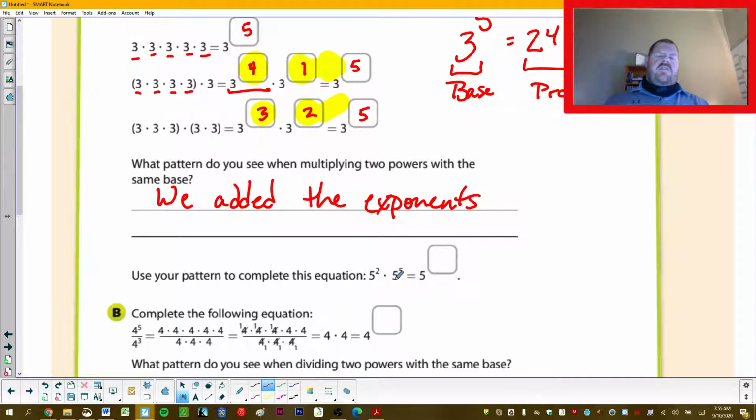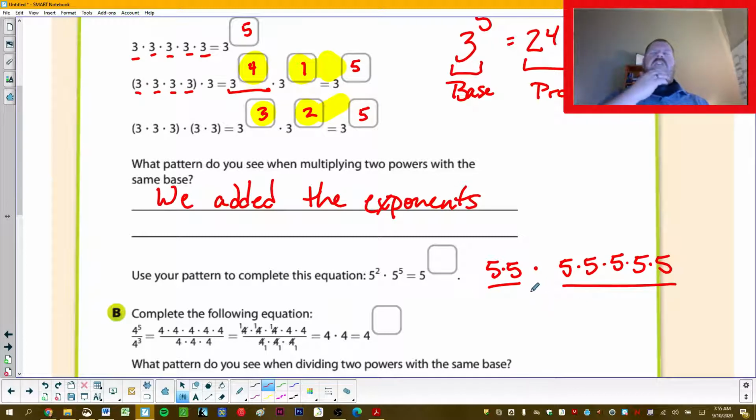5 to the 2nd times 5 to the 5th should be 5 to the... If you know it, go ahead and write it. If you don't, you can always split this up. I have my 5 to the 2nd times my 5 to the 5th, and how many 5s do I have in total?